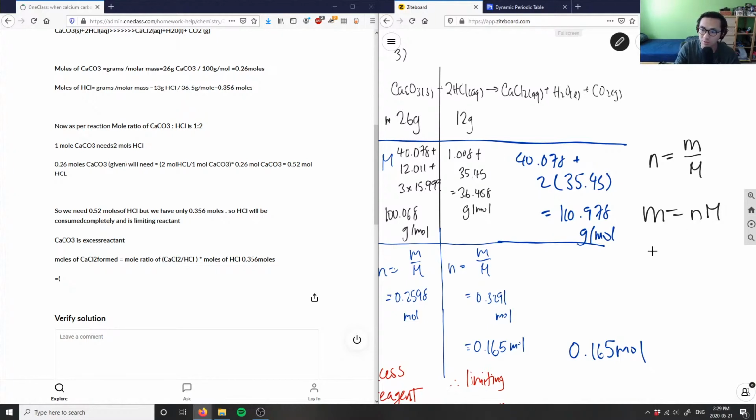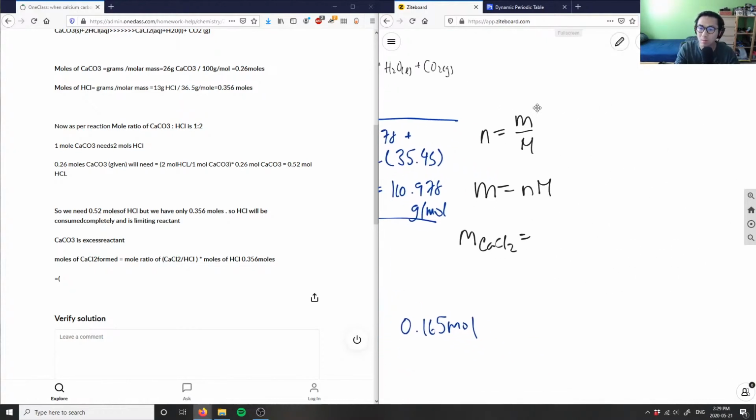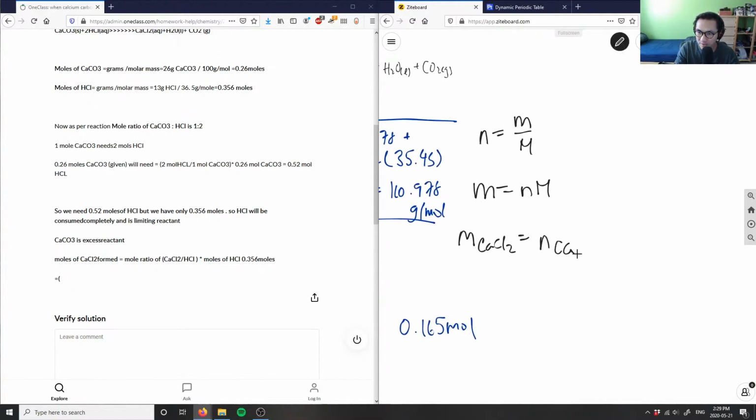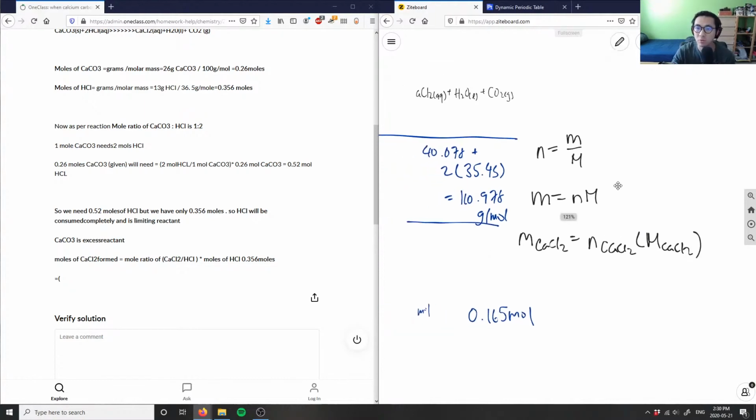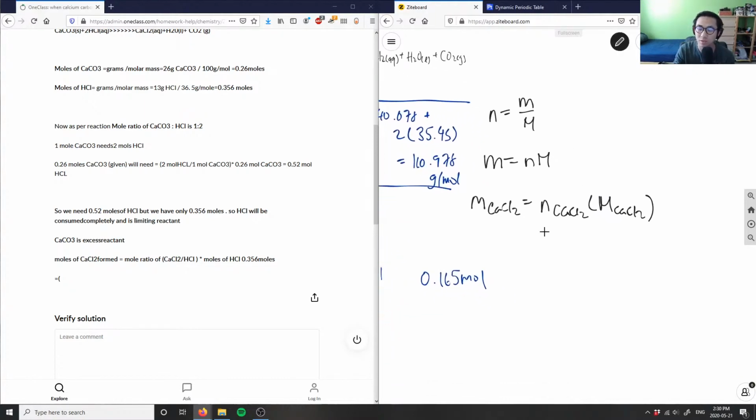So the mass of CaCl2 is going to equal the moles of CaCl2 multiplied by the molar mass of CaCl2. Moles is, again, 0.165, and the molar mass is 110.978 grams per mole here. And this is going to equal my answer.